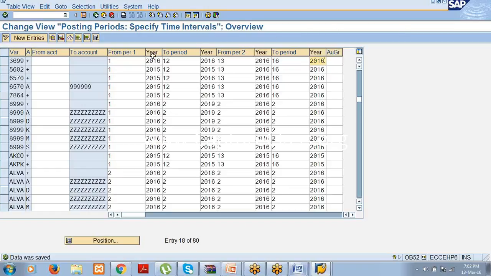Here, year means fiscal year. In the case of US companies, the current fiscal year is 2016 because they are using the calendar year. But in India, the fiscal year is still 2015 only. That's why from period 1, fiscal year 2015 means April 2015, to period 12, fiscal year 2015. What is the 12th period of 2015? March 2016. Got the point now? Yes, sir.